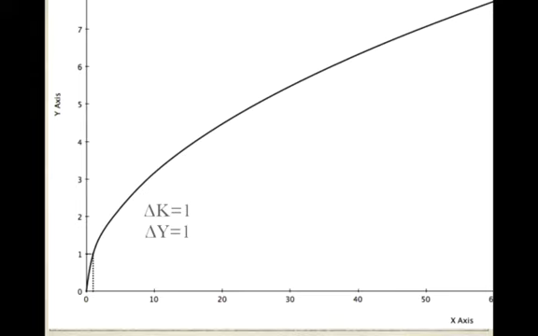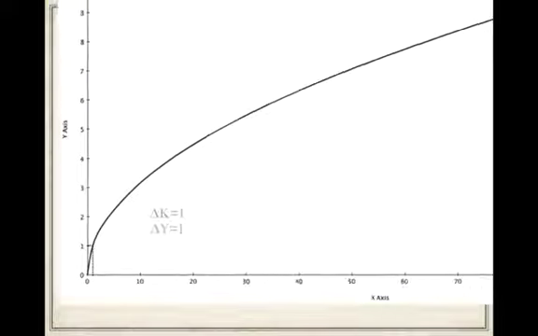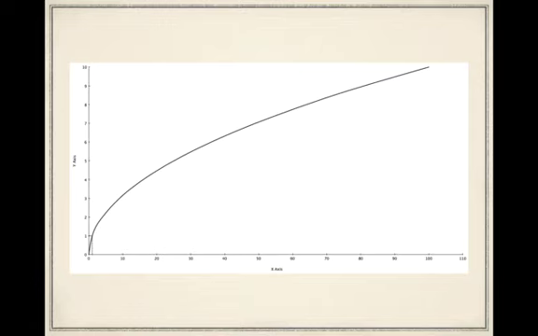How much do we have to change capital by to get the second unit of output? So we get a 1 for 1 for the first, and it turns out in order to get the second full unit of output, we're going to need to have 4 units of capital, which means our change in capital, in order to get 1 unit change in output, is going to be 3.